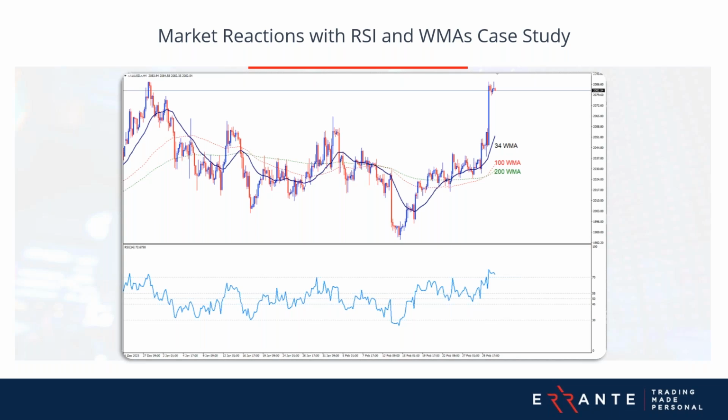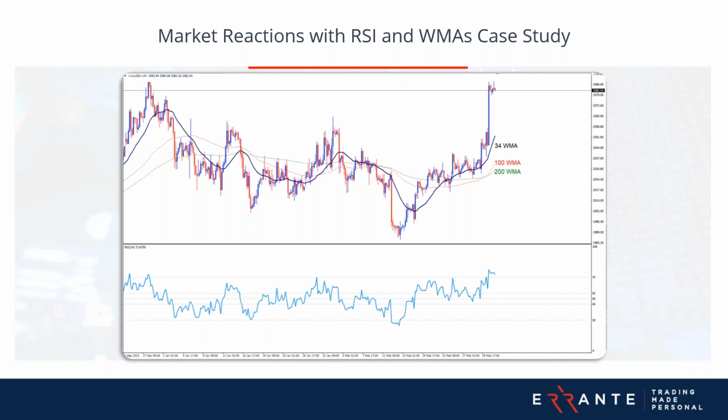Instead, it hints at the likelihood of a correction, a brief break taken by the market after a sprint. If a correction ensues, we would anticipate it to be proportional to the velocity of the preceding climb.